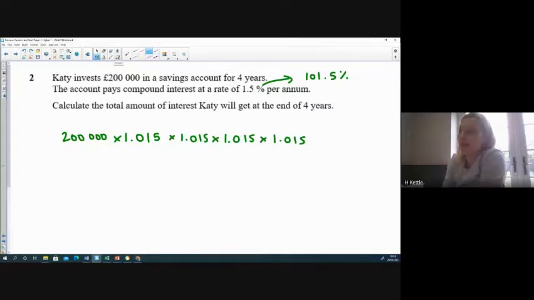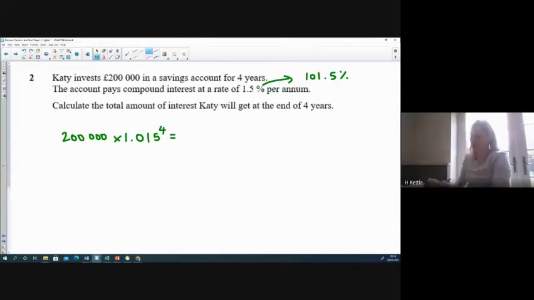So it just makes sense that instead of doing that 4 times, we're just going to say that this needs to be to the power of 4, because we want to know what the amount will be after the fourth year, after we've done it 4 times. So that would be my sum.